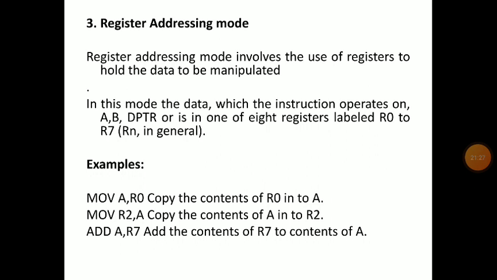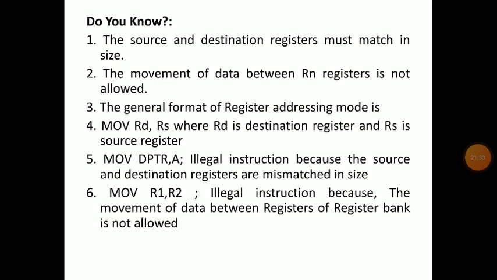And ADD A, R7: add the contents of R7 to the contents of A. The next point is that the source and destination registers must match in size. Yes, that has to be done, otherwise it will show an error.